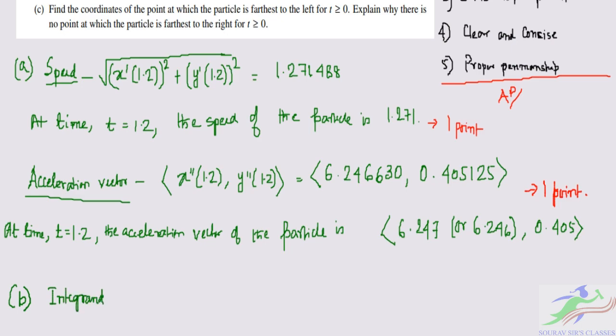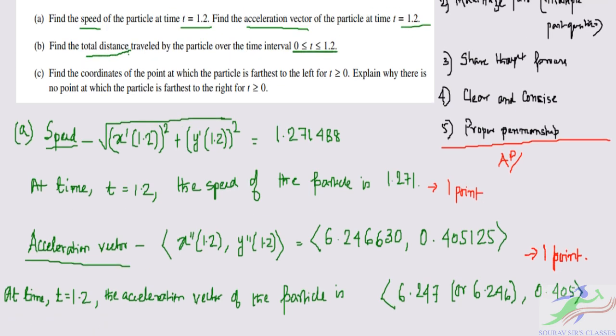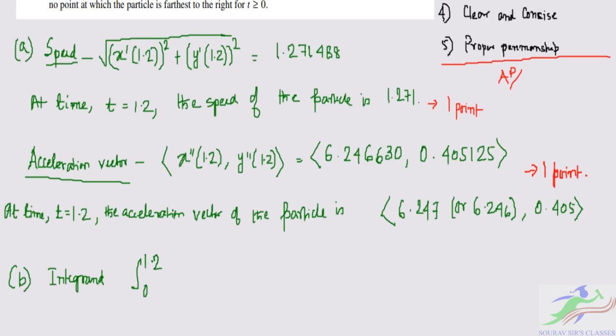The interval is given, 0 less than or equal to t less than or equal to 1.2, and we have the square root of x prime t whole square plus y prime t whole square, dt.